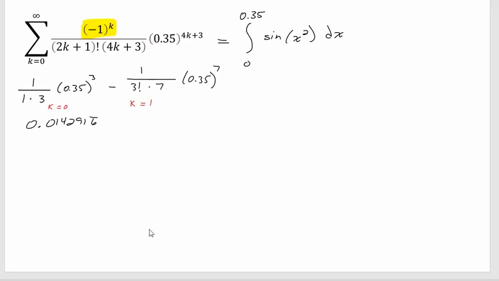Okay, so after I combine the first two terms, so I took this and then subtracted that, I got 0.0142763478.